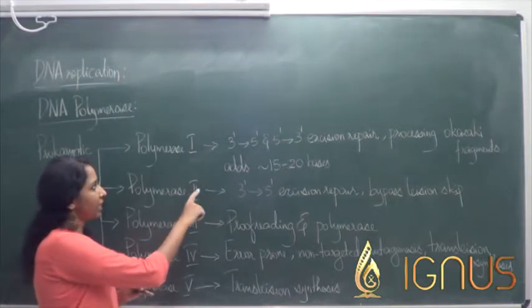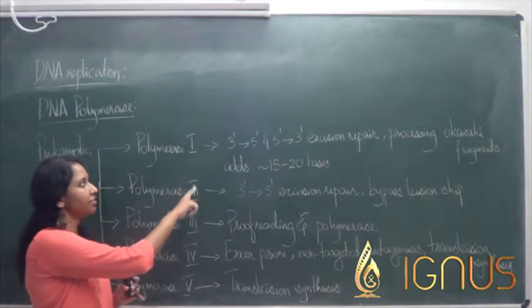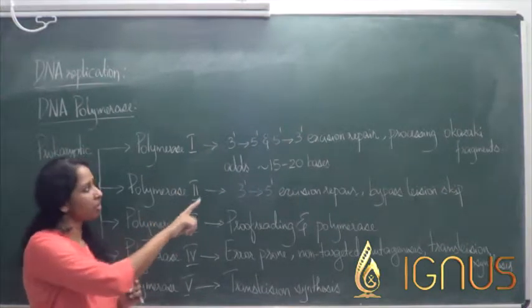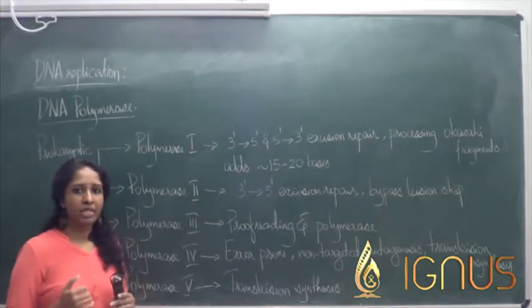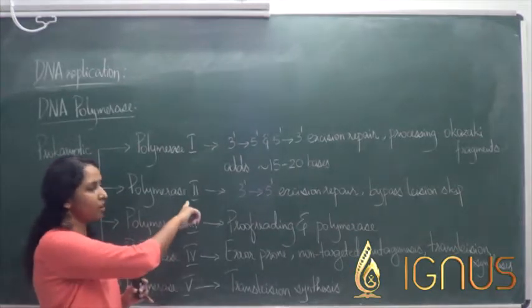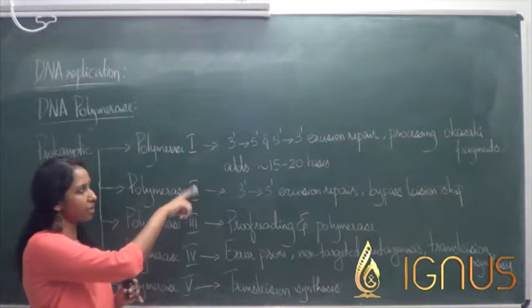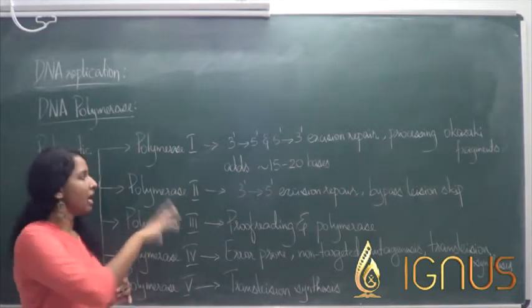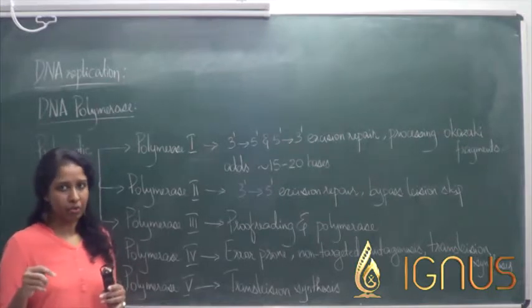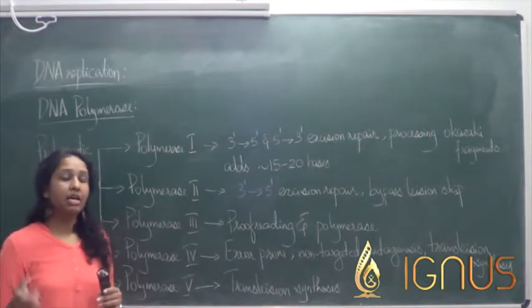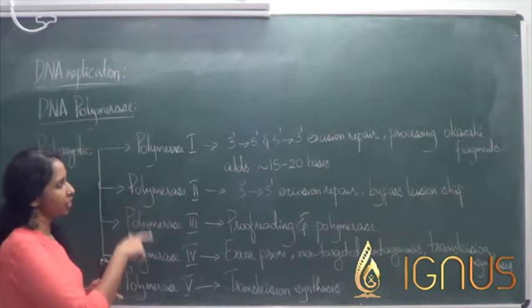Now for that, the removal can occur either from the 3' end to 5' end or from the 5' end to the 3' end. Not all polymerases have the ability to do exonuclease activity from 3' to 5' and 5' to 3'. It's only polymerase 1 that has both, so it can take part in excision repair.